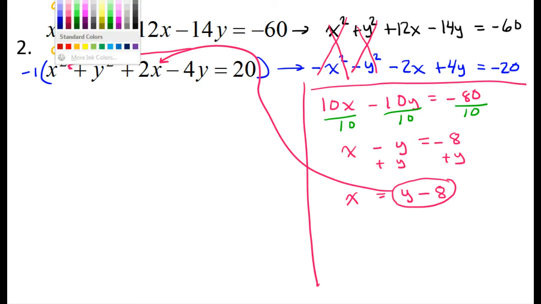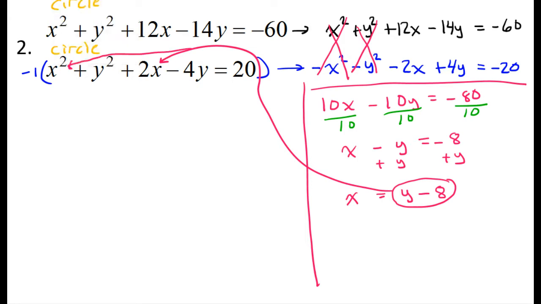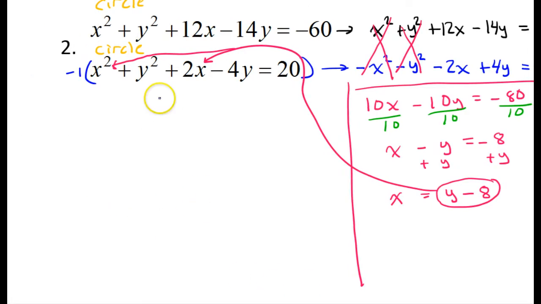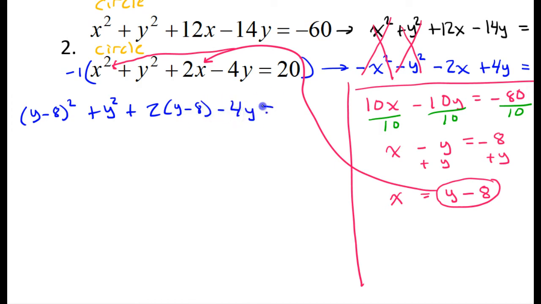So if I do that, I'm going to get, okay, let me just make sure I have room. So x squared will become y minus 8 squared. Then I've got y squared plus, now 2x will become 2 times y minus 8. And then minus 4y is equal to 20.